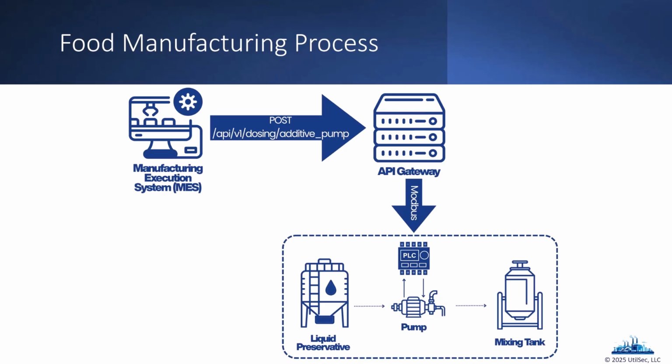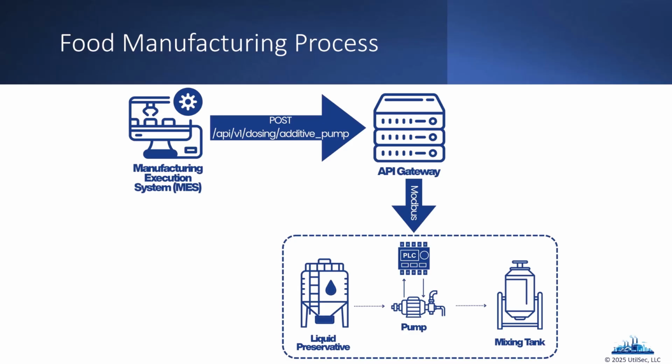And you can see we're going to post to that API gateway, to that IP address, and on that IP address there's an API that sits at /API/v1/dosing/additive_pump. And if we know the right commands, there's a certain command we're going to issue based off of the size of the batch, to get the recipe just right.